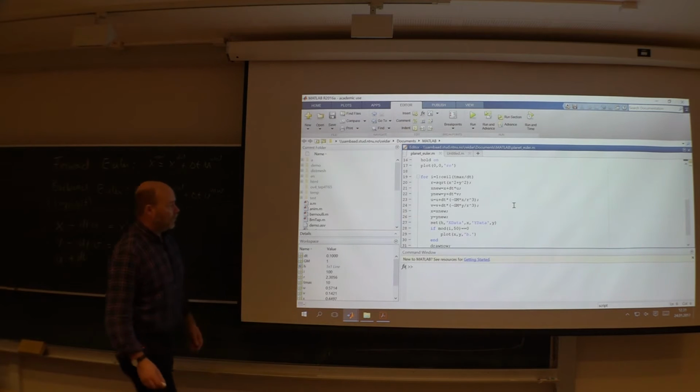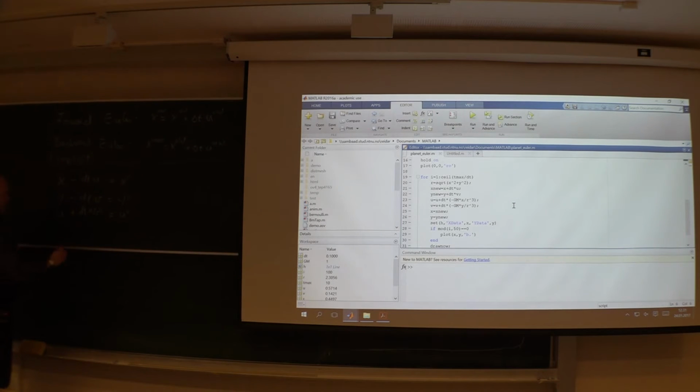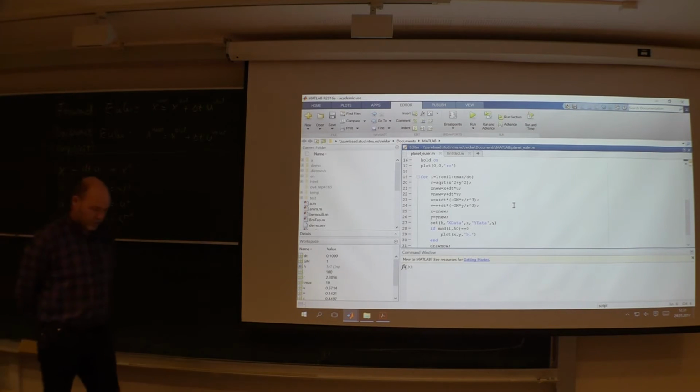Should be x over r to the power 3 equals the old velocity. And then finally v, also plus, but now it is y divided by r to the power 3 equals the old v. So there you have the equation system.